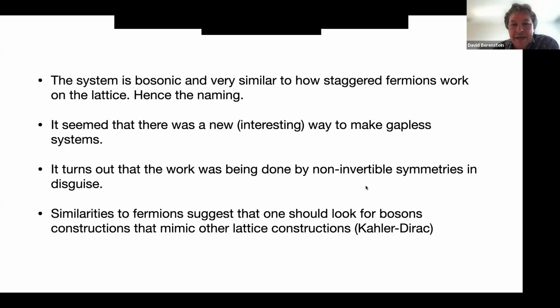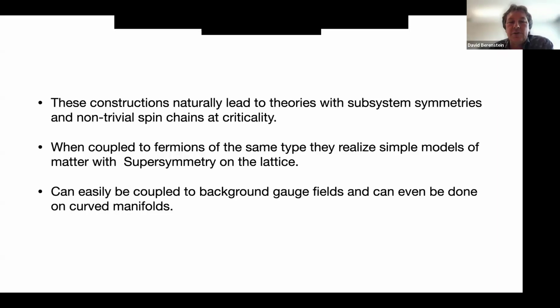If you don't know what Kahler Dirac fermions are, I'm not going to have enough time to explain it. I'll just tell you quickly roughly how it works, and then tell you that there's a natural way to get supersymmetry with bosons that makes it work. These constructions not only lead to gapless systems in 1+1 dimensions, but also to theories with subsystem symmetries.